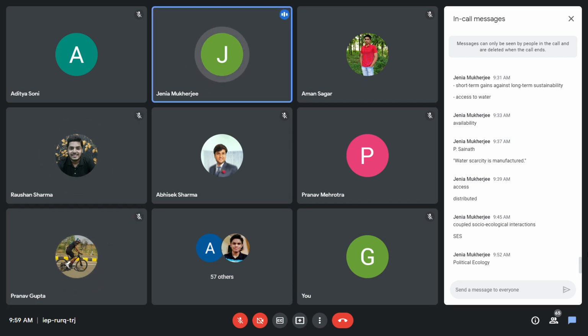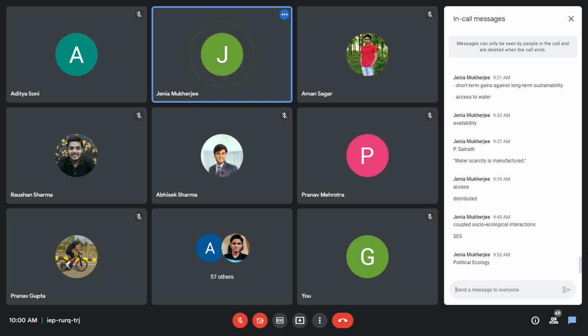Once you do that, just send it to me first. You can send it to the Environmental Humanities email ID, copying me, and I will take a quick look. If needed, I will ask you to make quick modifications. It will not be anything very elaborate. I'll just ask you to modify one or two points if needed, or otherwise the points remain absolutely fine. Then I myself will upload it in the class highlights folder.